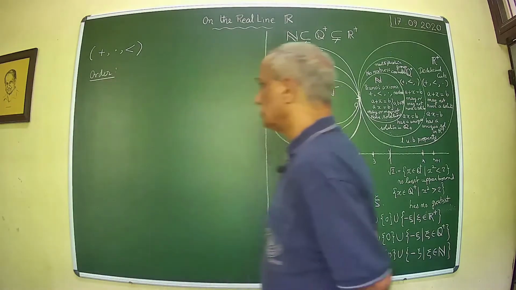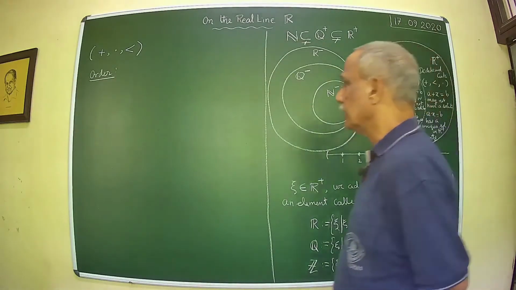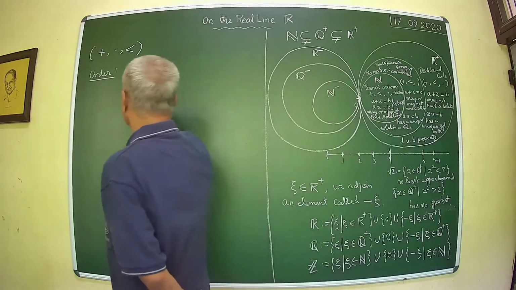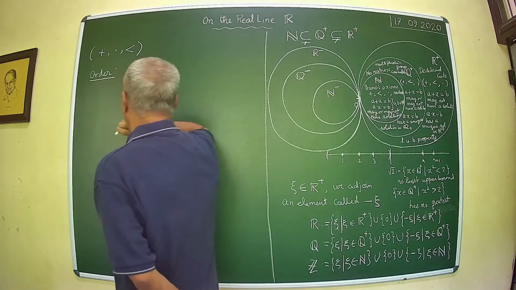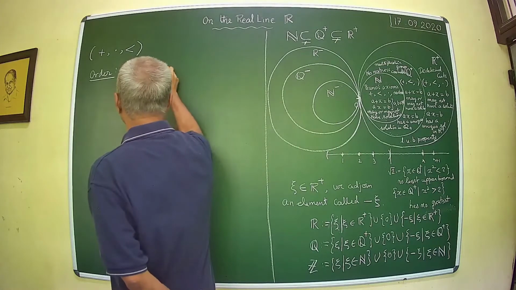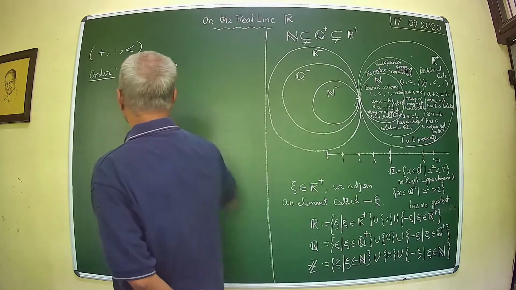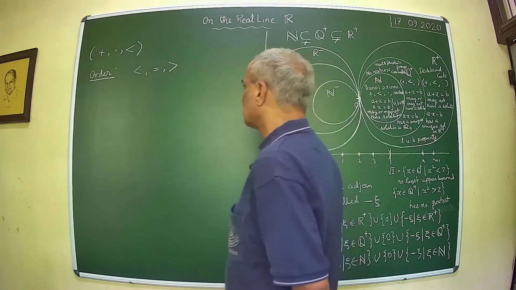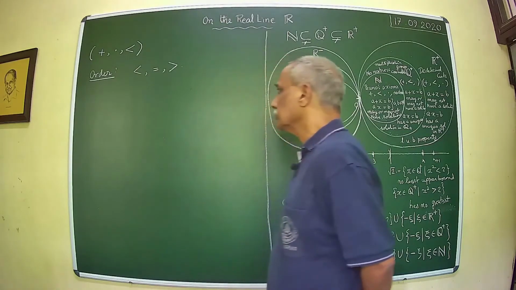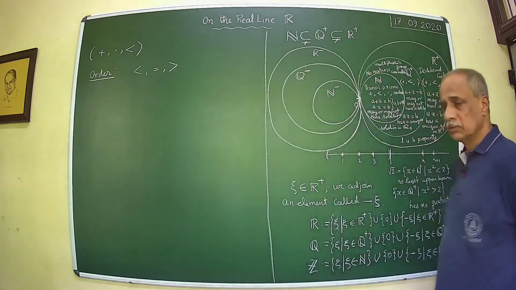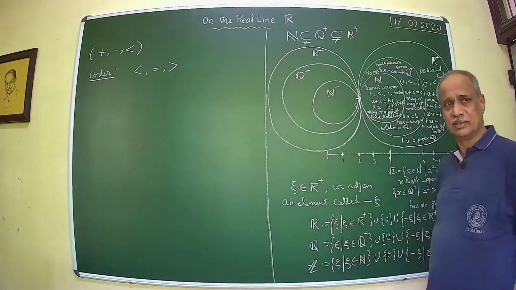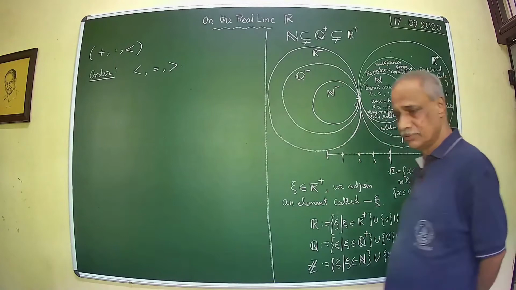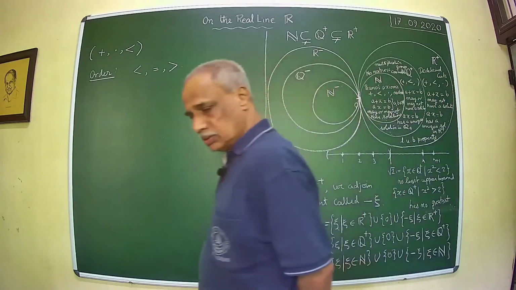Order relation. Order relation is, these are things associated with it: less than, equal to, greater than. These three things are. We will define one, the other things will come from it. Okay. So we define.